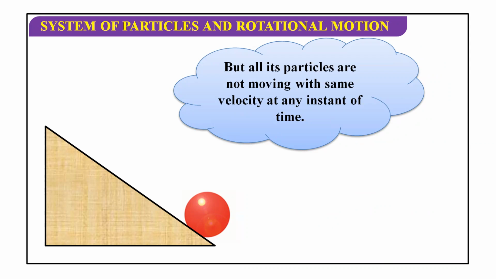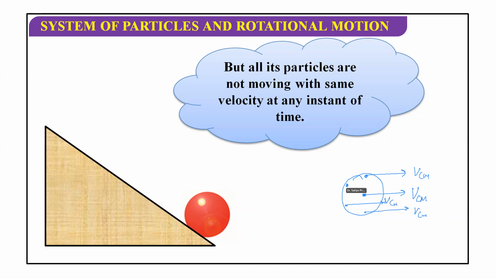Now in rotational motion, all particles will not move with the same velocity at any point of time. Why? Because there is a translational velocity, which we call the velocity of the center of mass. This translational velocity, each and every point of the object will have. Try to understand.